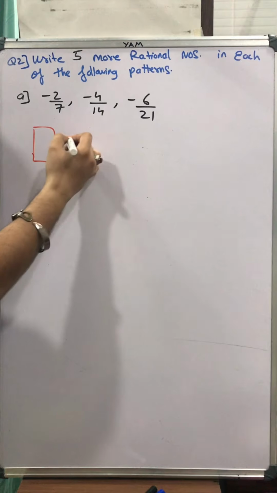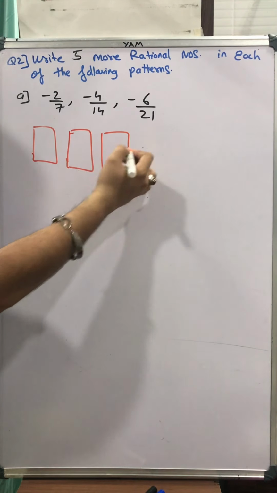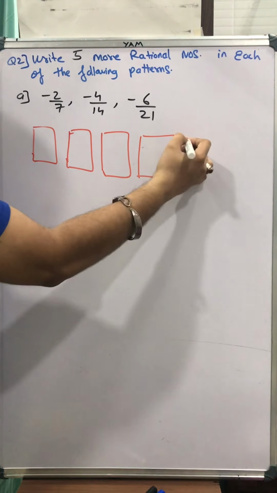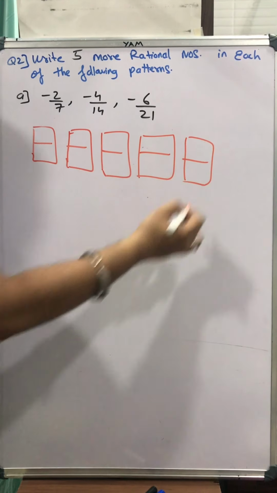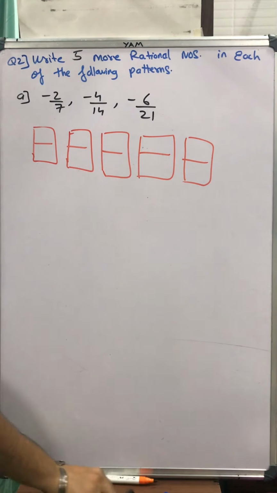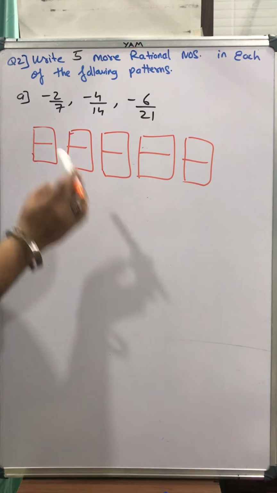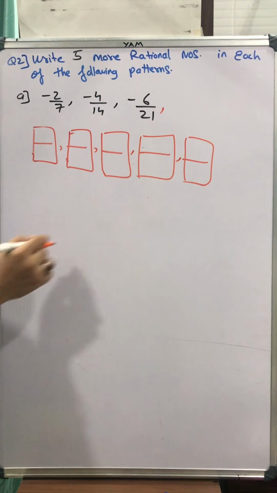The easiest way is to first make 5 empty boxes, with the upon sign also, since I have to add 5 more rational numbers, with commas in between them. It's a continuation from here.